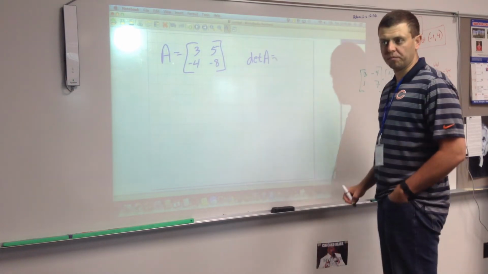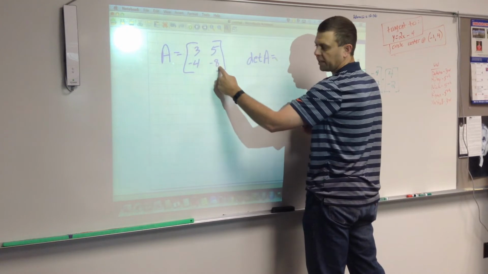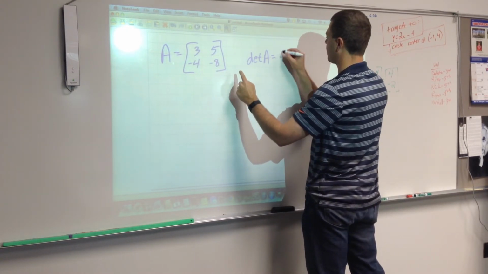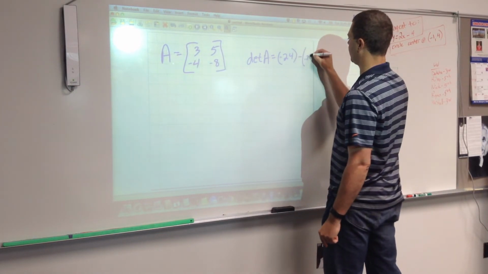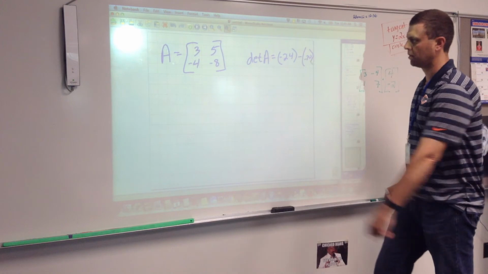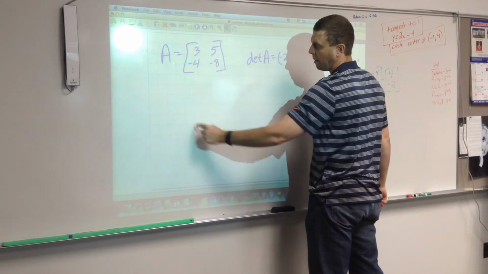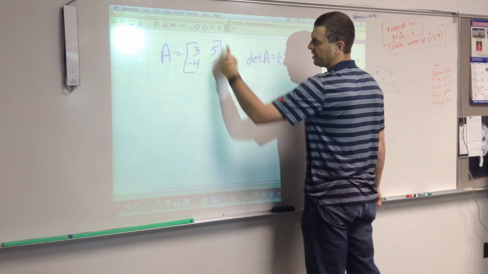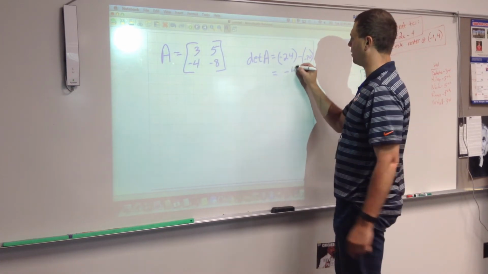The determinant of matrix A will be -24 minus -20. We take this diagonal product minus this diagonal product. So -24 minus -20, and we get -4, right?